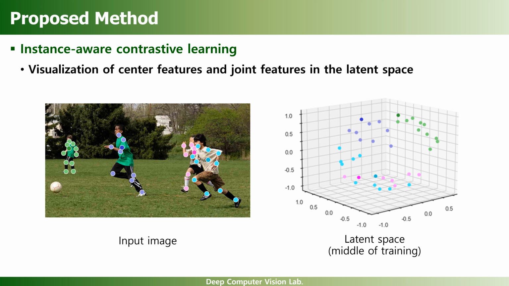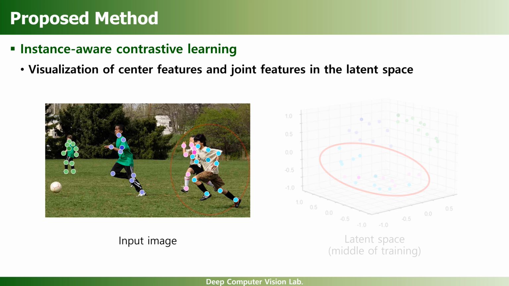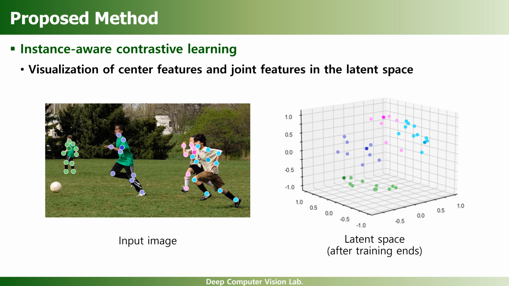In the middle of training, the center feature and joint features corresponding to each person are gathered together, but the features of the overlapping people still do not seem to be perfectly distinct. However, after the training ends, we can see that feature clusters of each person are successfully separated in the latent space.